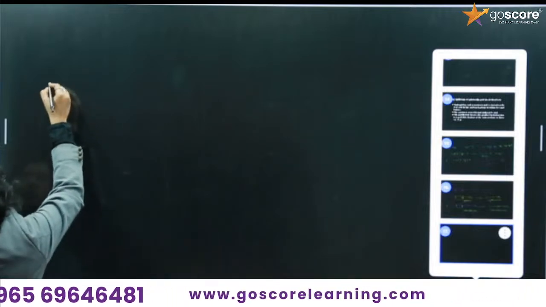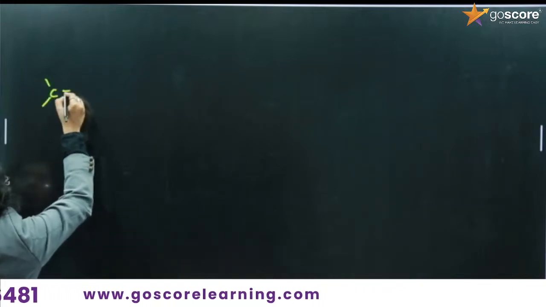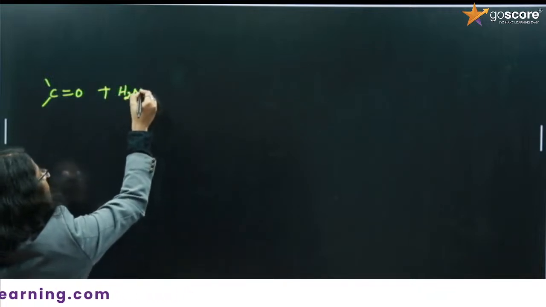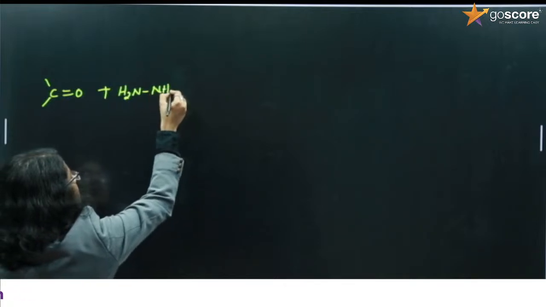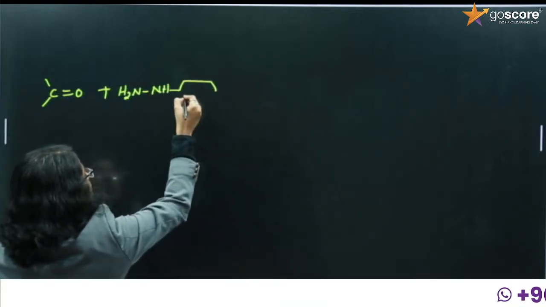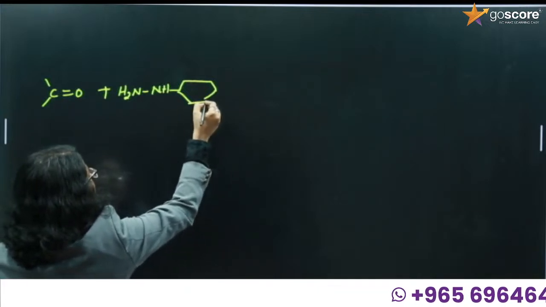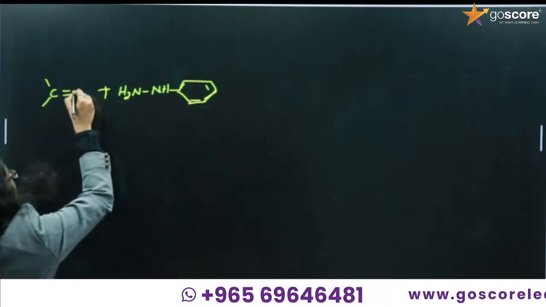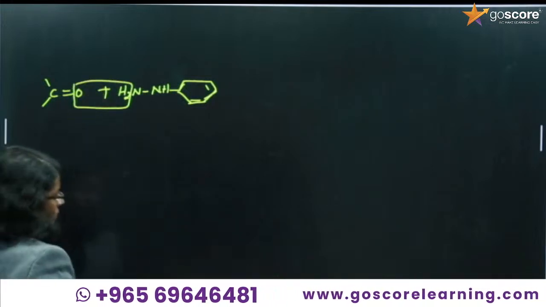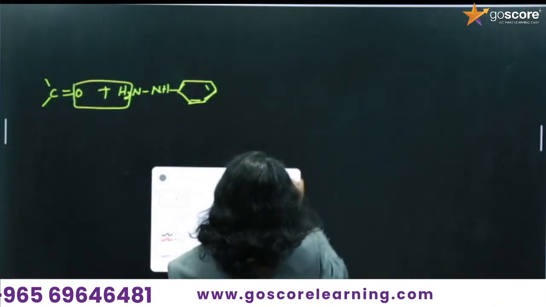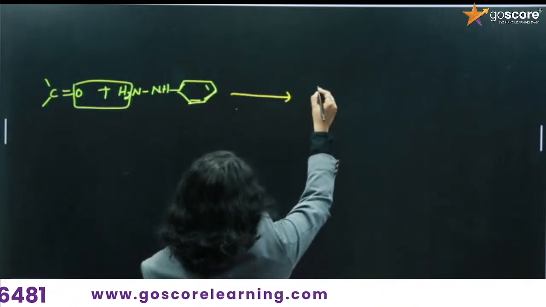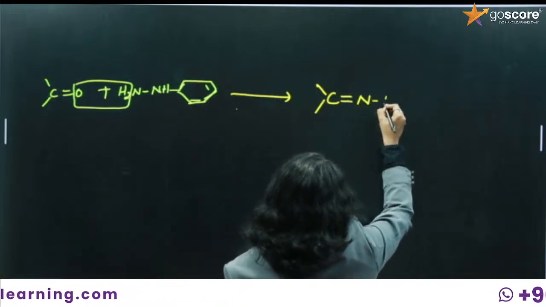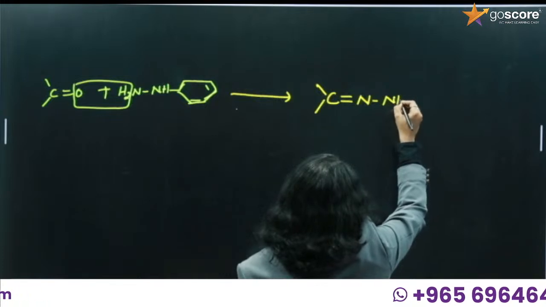So the next one is C=O on treating with phenylhydrazine, that is NH2NH-C6H5, with the benzene ring. Eliminate the water molecule and then you will get C=N-NH-C6H5.